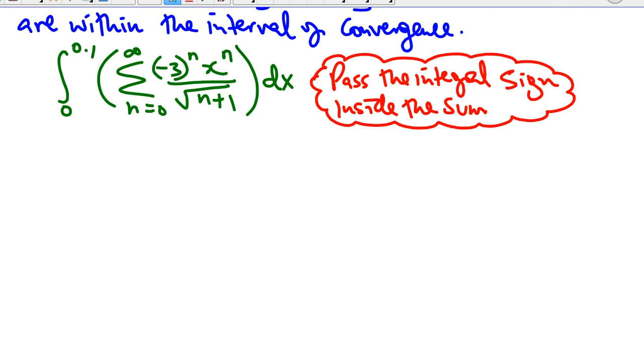We have already shown why, from the explanation for term by term integration of power series. So this will be equal to the sum from n equals 0 to infinity of the integral from 0 to 0.1 of this nth term.